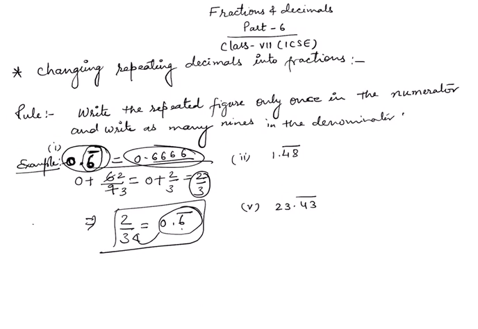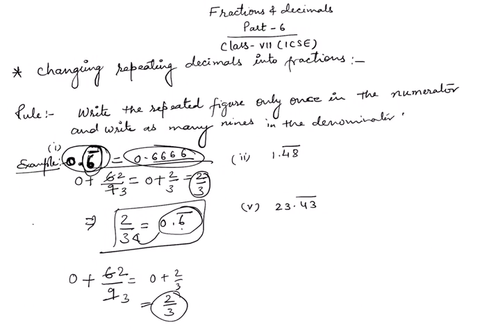We take the repeated digit once, and whatever is written before the decimal we add to it. 0 plus, only one digit is repeating, so we take 6, and we take only one 9. We can simplify it: 3 2s are 6, 3 3s are 9, so we can write 0 plus 2 by 3, and if you add 0 and 2 by 3, the answer will remain the same.